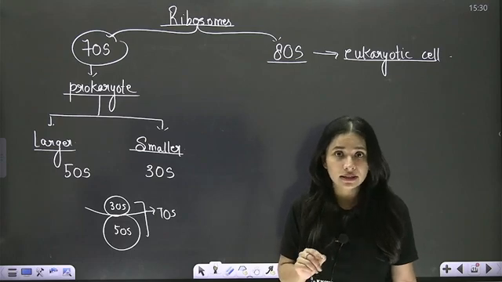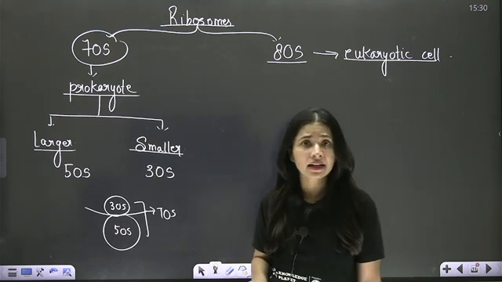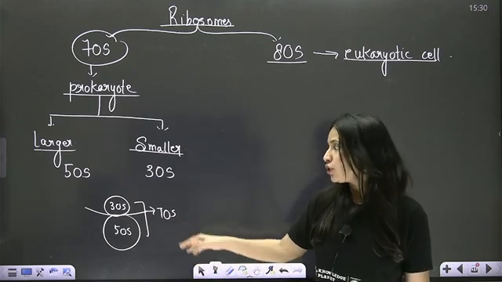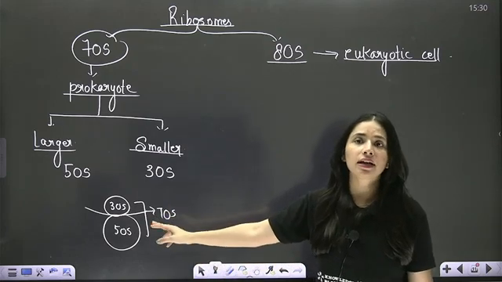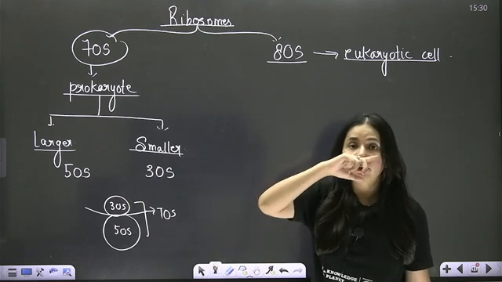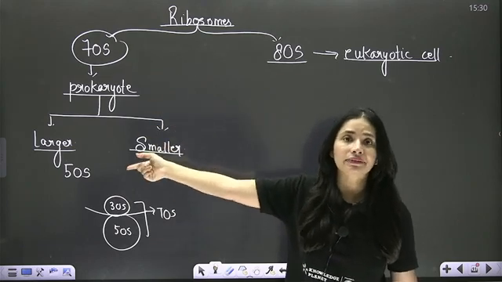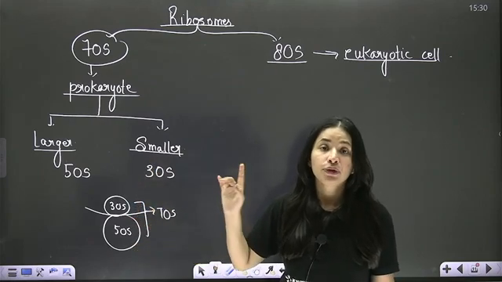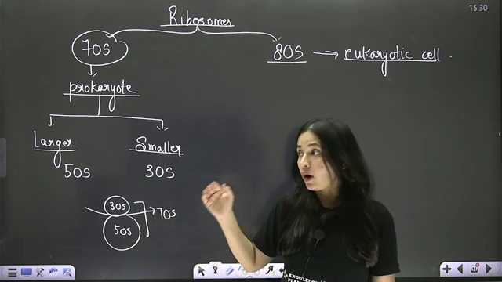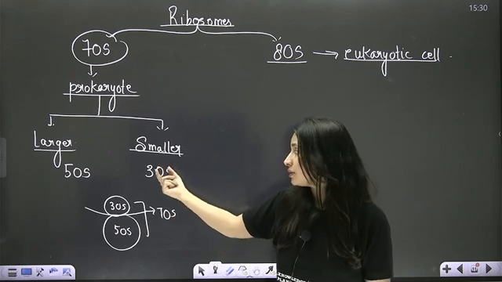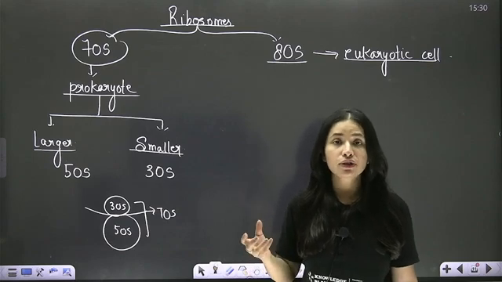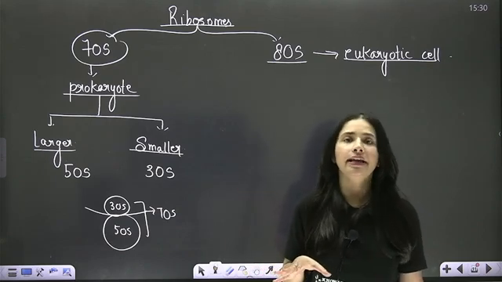So students, ma'am's maths has not gone bad. Actually, the case over here is you don't have to add the units. It's not like 50 plus 30 making 70. No, these are not additive units. These numbers are basically calculated on the basis of their density gradient.